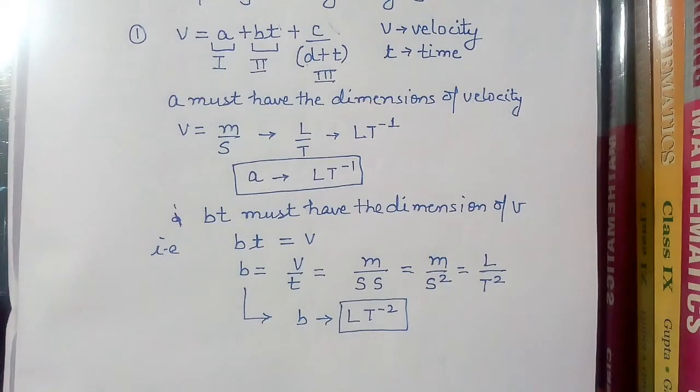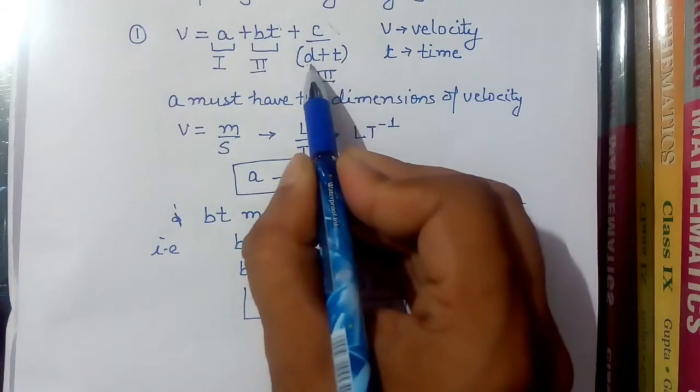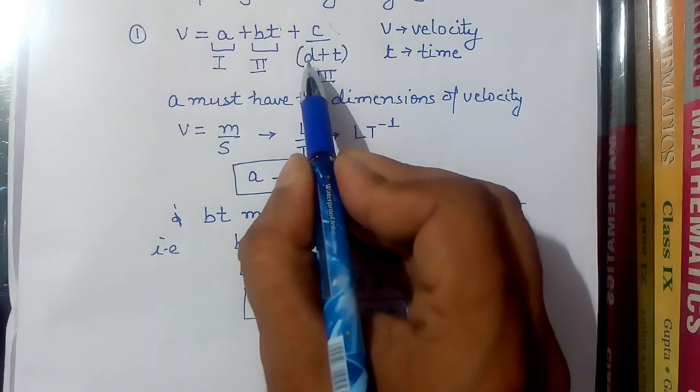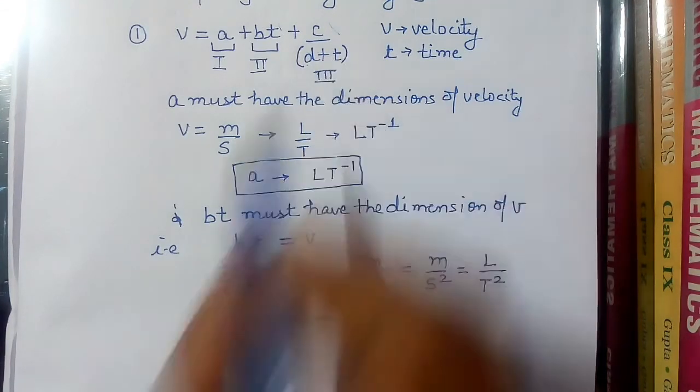That means during addition or subtraction we must have the same kind of quantities. Here D is added to time. That means D must also be some time that we are adding to this T.